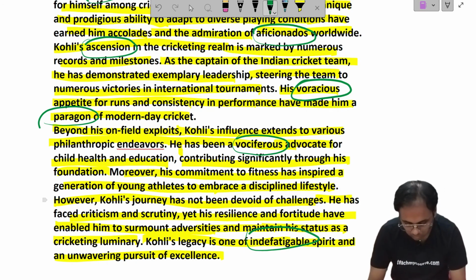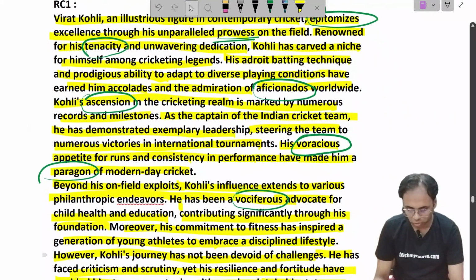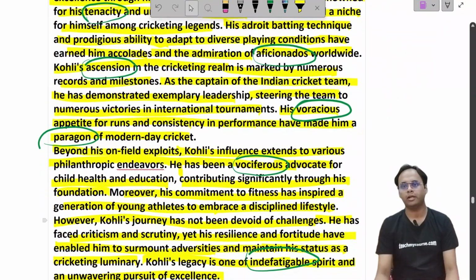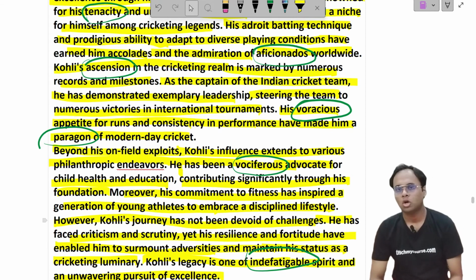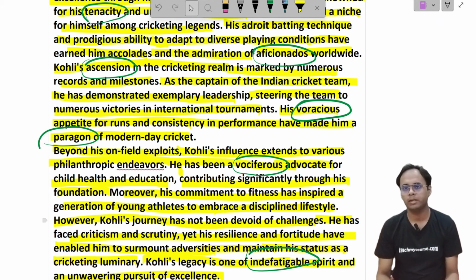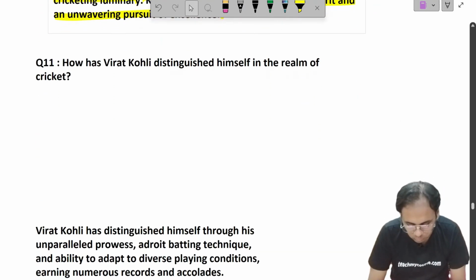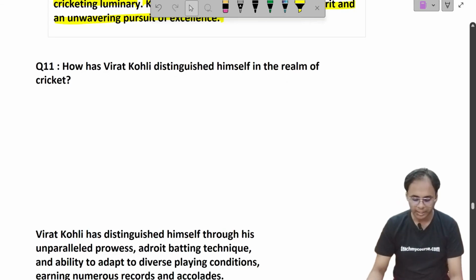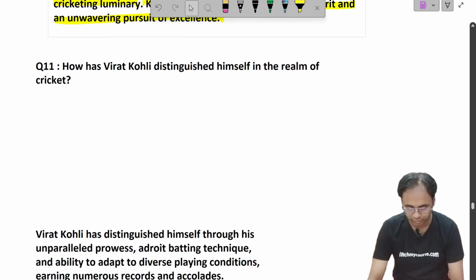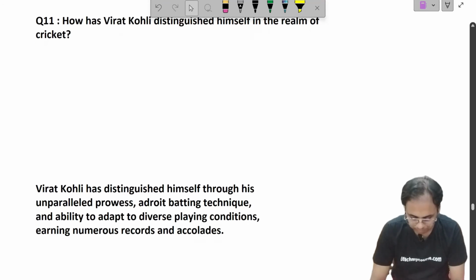So now we have the whole reading comprehension on Virat Kohli, and I hope you got a good understanding of it, because I've tried explaining the meaning of all the difficult or unusual words which you might not come across in your daily life. So let's see question number 1: how has Virat Kohli distinguished himself in the realm of cricket?